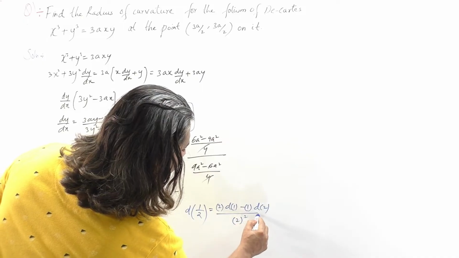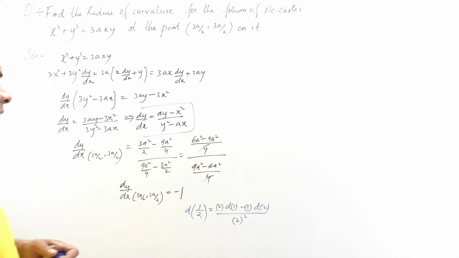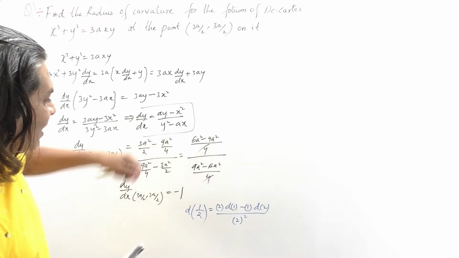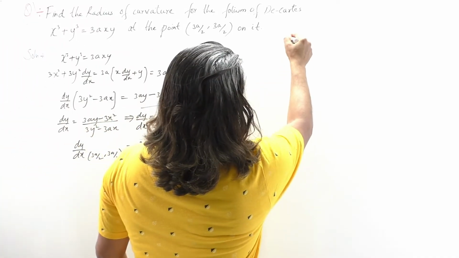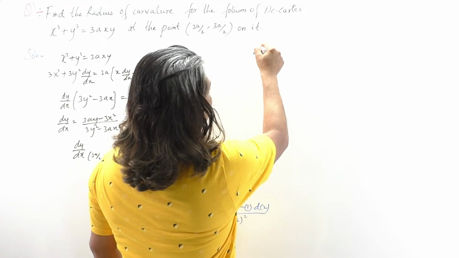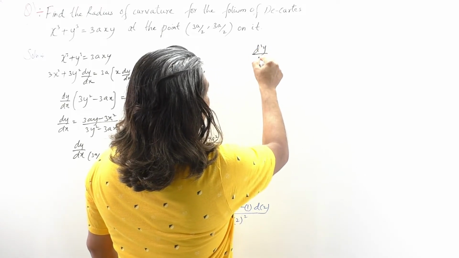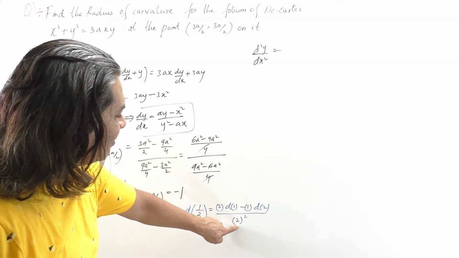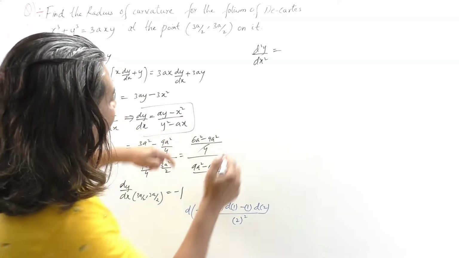Very simple formula to remember. Now if you use this formula here, d square y by dx square is equal to, denominator square, (y square minus ax) square.